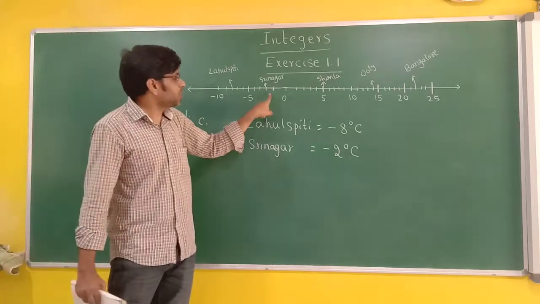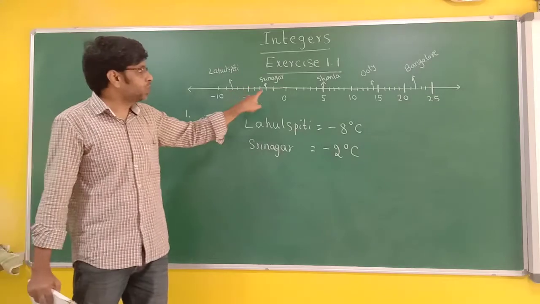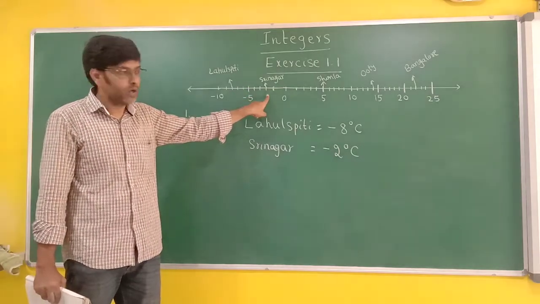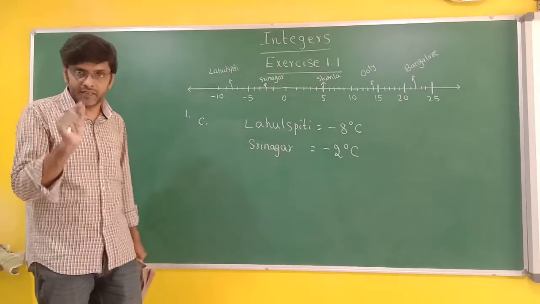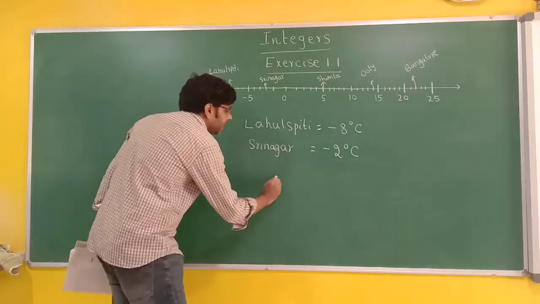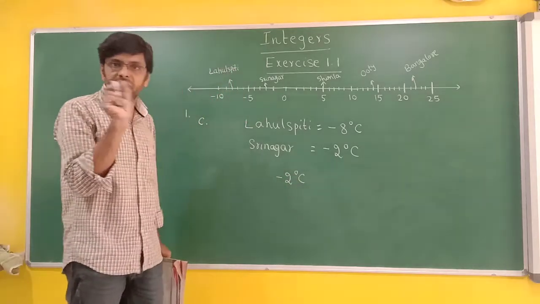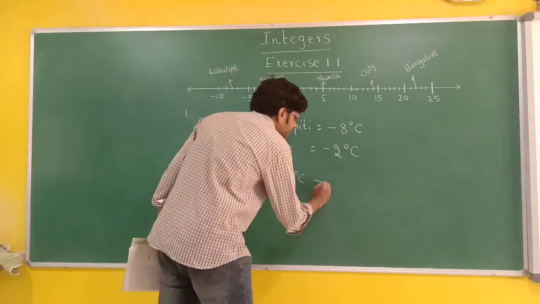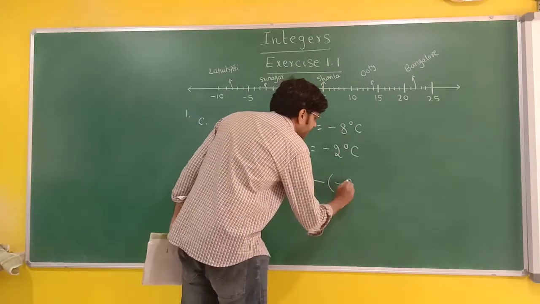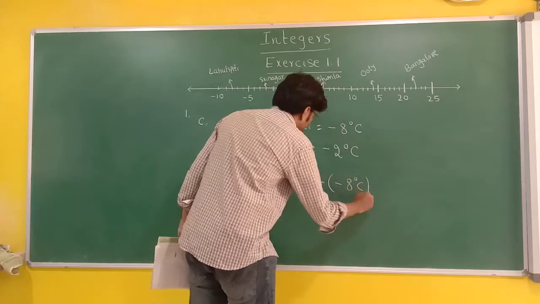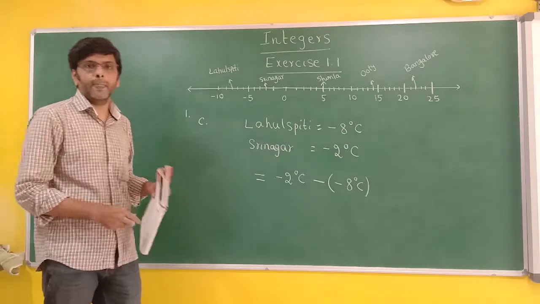So, minus 2 is near to 0, so this is the bigger number. When we are finding the difference, the bigger number should be written first, and we are finding the difference. So, write minus 2. Next, we have to write the temperature of the smaller number, minus 8 degrees Celsius.